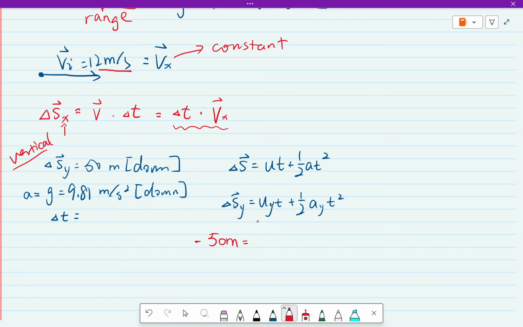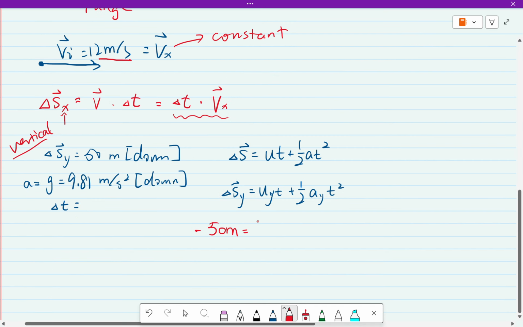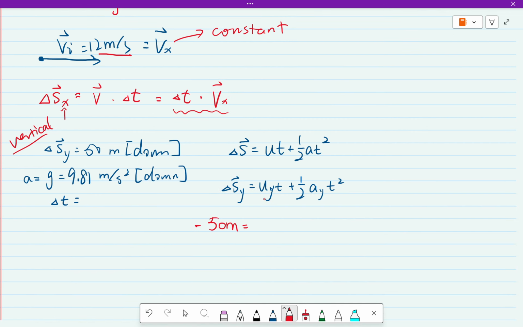If we look back to this diagram, we will see that this baseball is fired horizontally, which means it doesn't even have an initial vertical velocity. So it's just 0, and this whole term right here would be cancelled. So this would be equal to 1/2 a_y t squared. What is a_y? a_y is negative 9.81 meters per second squared, times t squared.